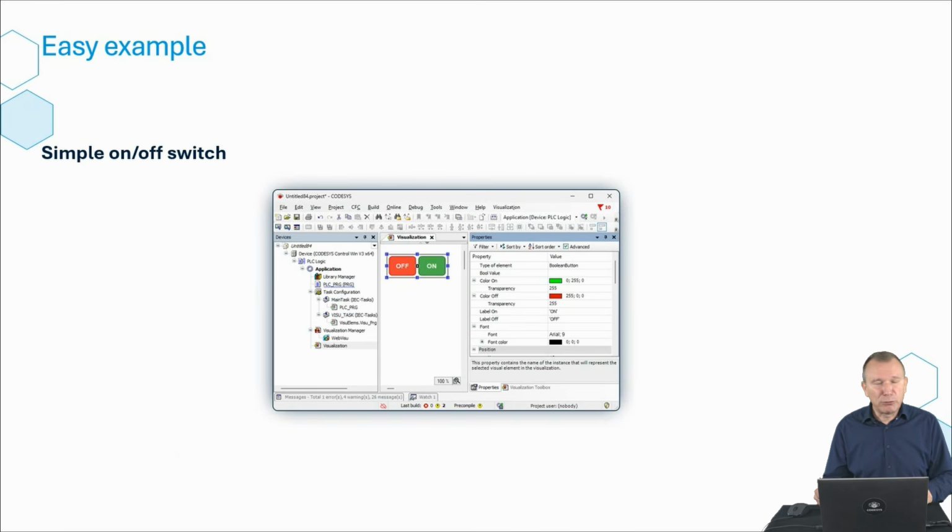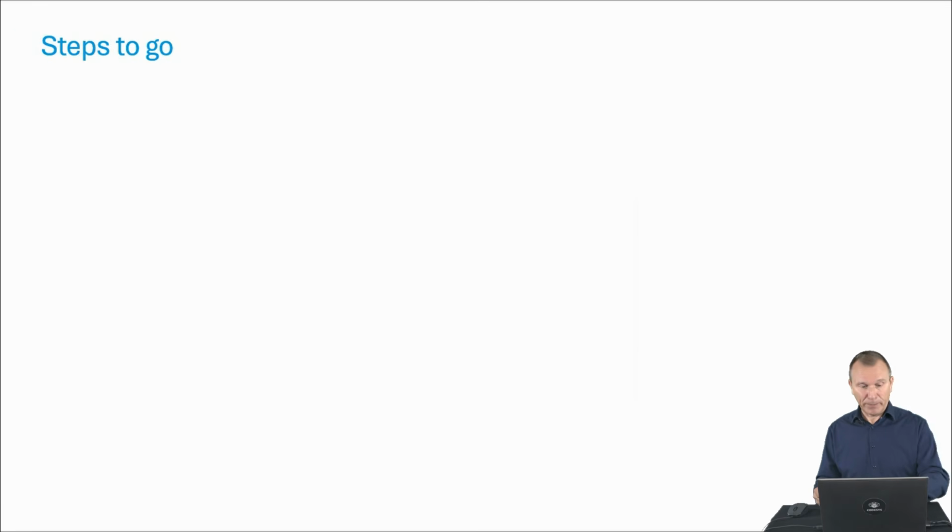And how do we want to do that? I wanted to start with a very simple example, just a Boolean switcher. And this is already the result, which you are seeing here in the screenshot of the CODESYS development system. But we want to start from scratch, going through all the steps, at first in theory, and then in a practical way.